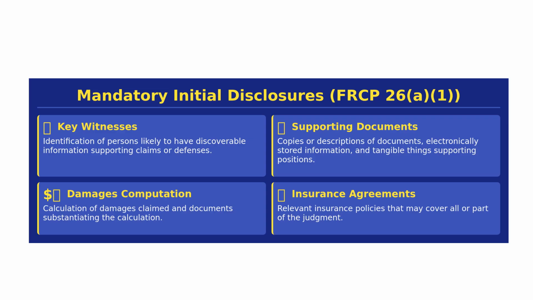Finally, parties must disclose any relevant insurance agreements that may cover all or part of the judgment. These 4 elements form the bedrock of early case understanding. However, even though much is mandatory, we must now note that certain information remains explicitly protected from disclosure.